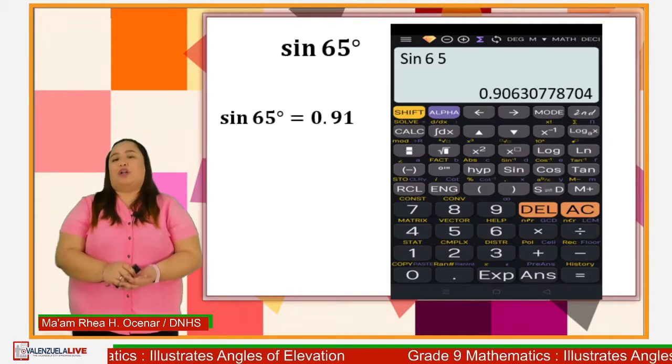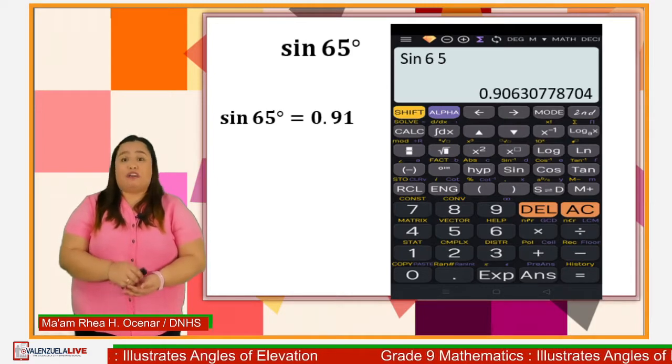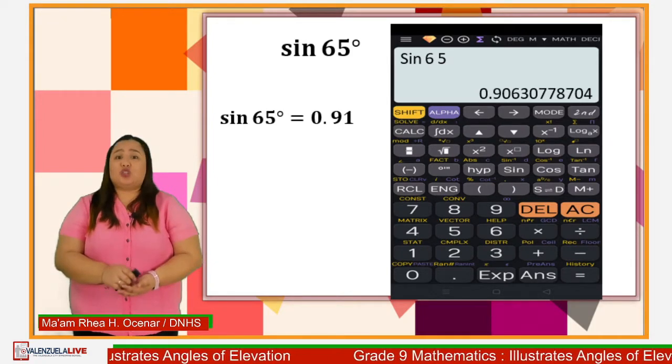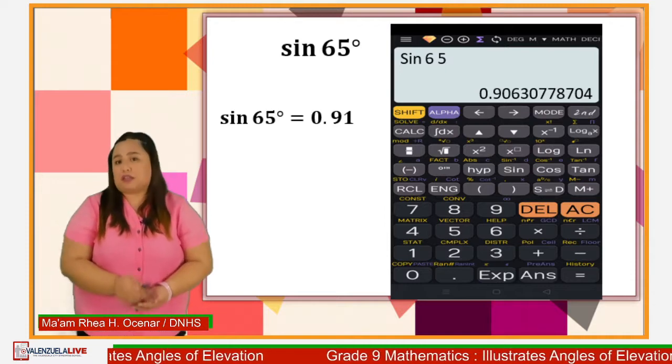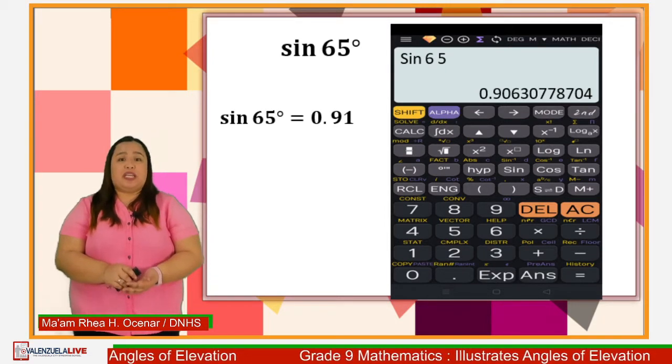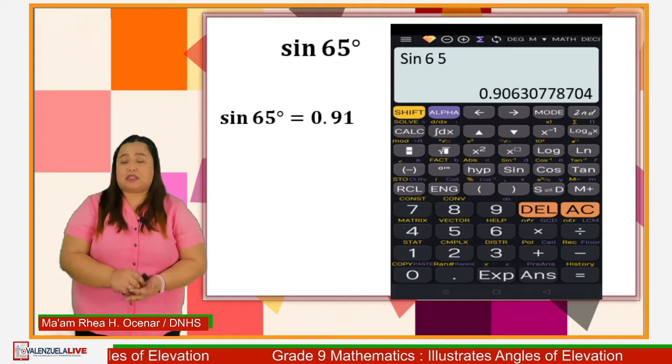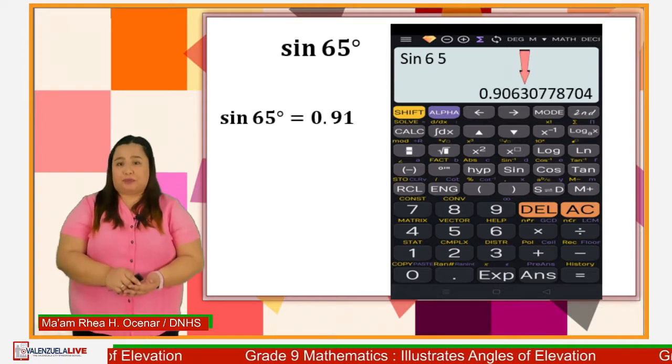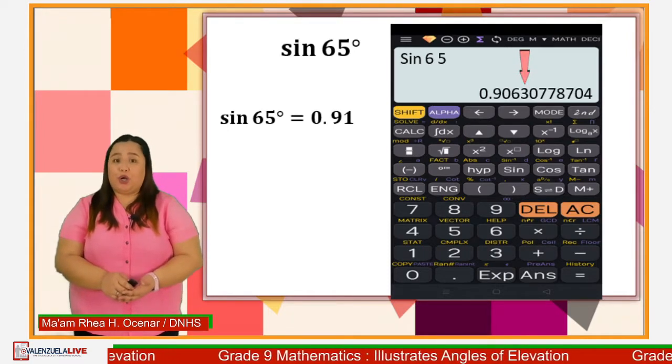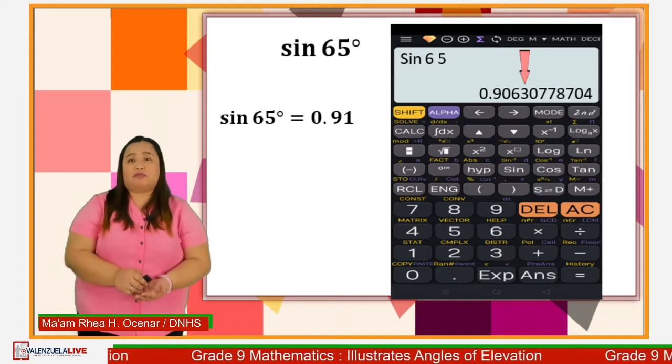Another example, what is the value of sine 65 degree to the nearest 10,000th? The number in the 10,000th place is 3. Now, look at the number on the right side of 3.